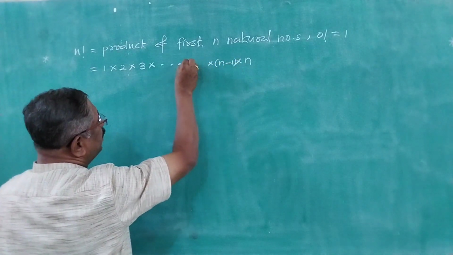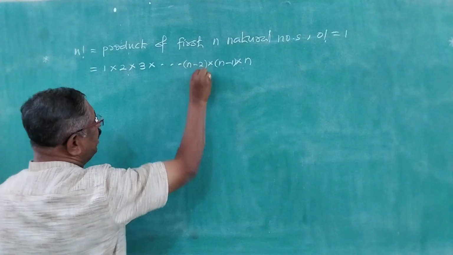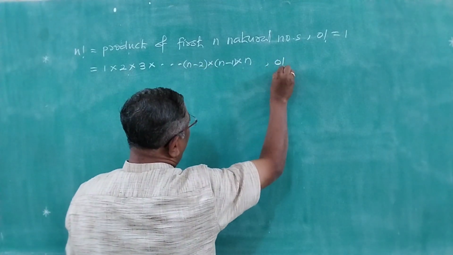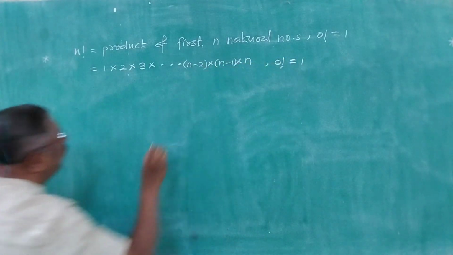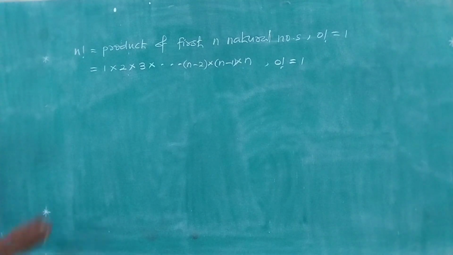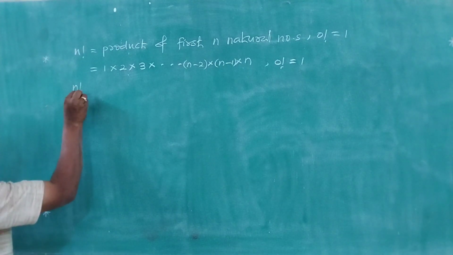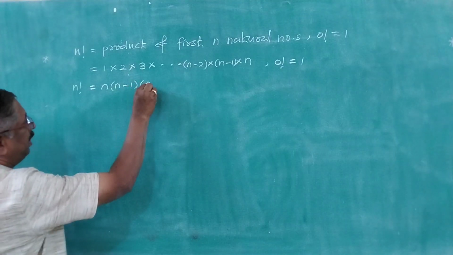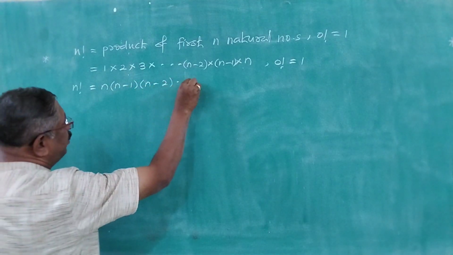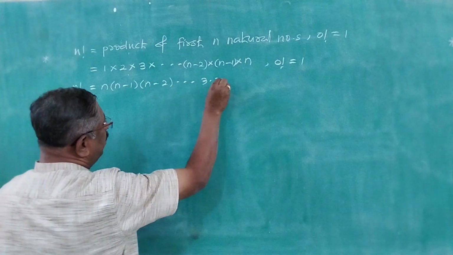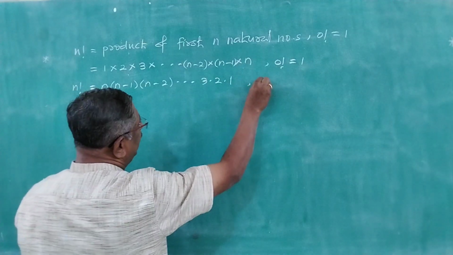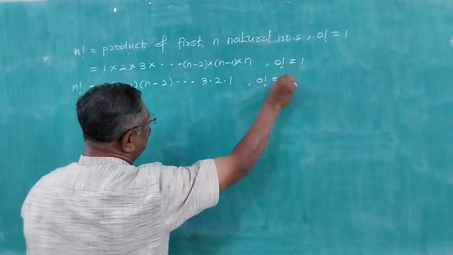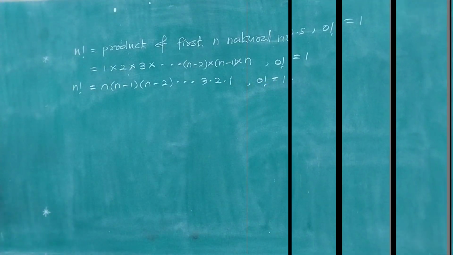The term previous to n minus 1 will obviously be n minus 2, with 0 factorial equal to 1. For the sake of simplicity, we write this n factorial as n multiplied by n minus 1 multiplied by n minus 2 and so on up to 3 multiplied by 2 multiplied by 1, with 0 factorial always equal to 1.